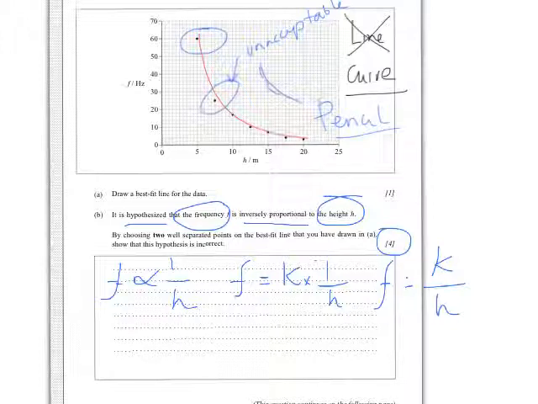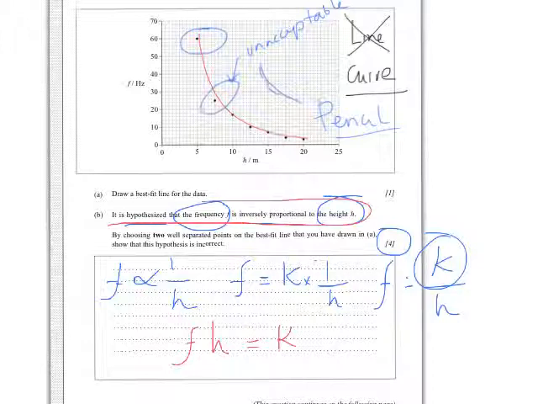Well, if we make k the subject of the equation, we end up with frequency times height equals k. If frequency is inversely proportional to height, all these points on the graph should follow this relationship.